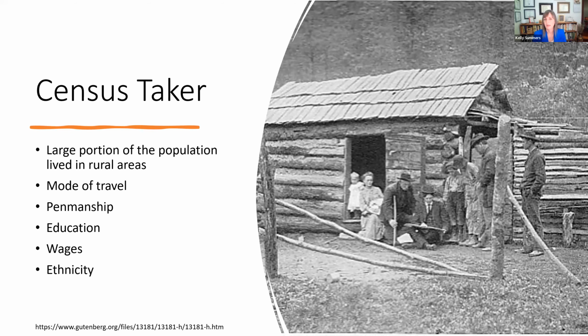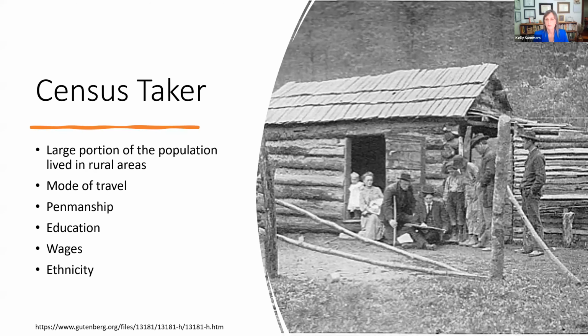Okay, let's talk about our census taker, otherwise called a census enumerator. Now imagine what the population looked like in 1790. The country was very rural, and even those places that were big cities and big towns, to our standards now, were really quite small.